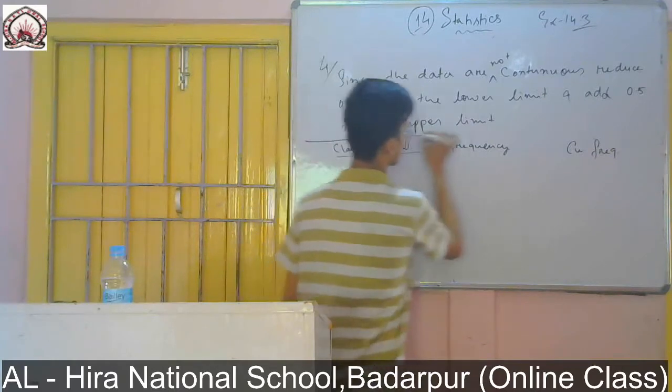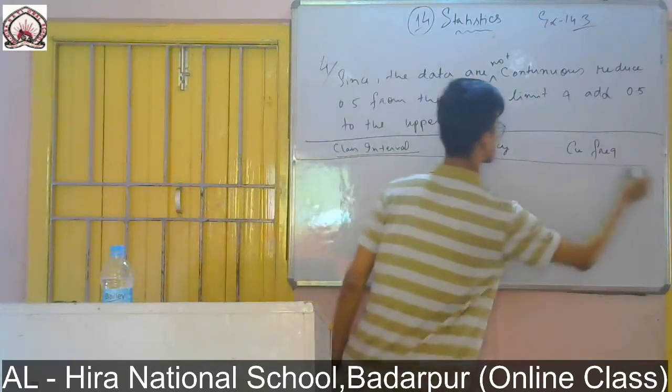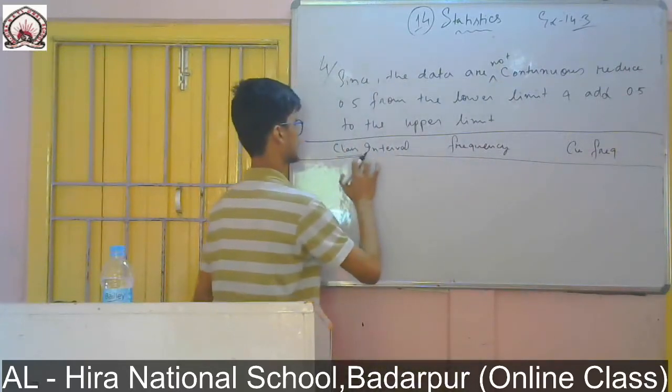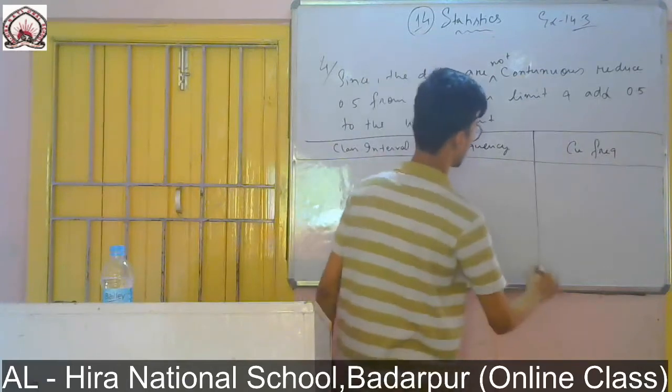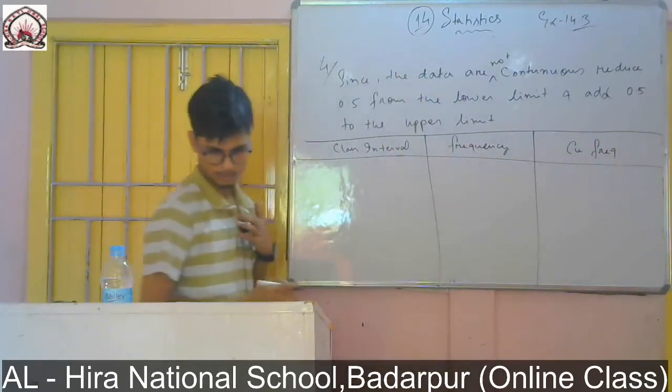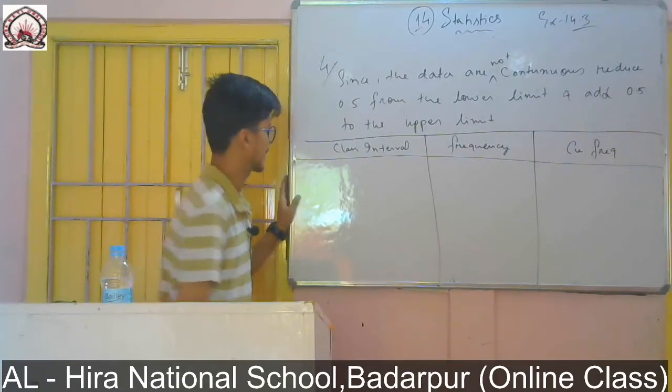You write it in full, don't abbreviate. Now I'll make the table. How many columns? 1, 2, 3, 4, 5, 6, 7 rows I need.